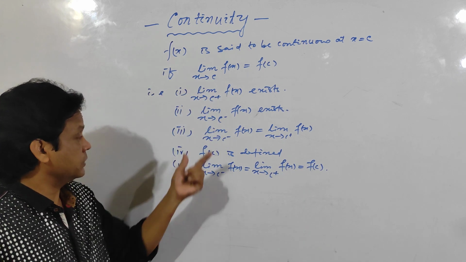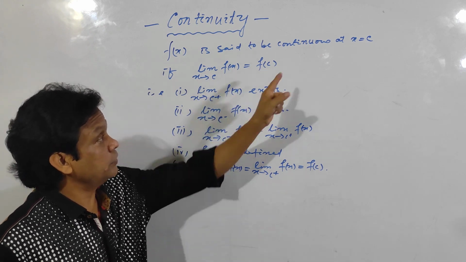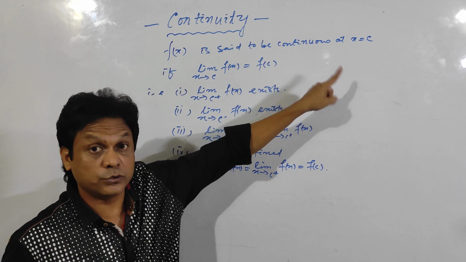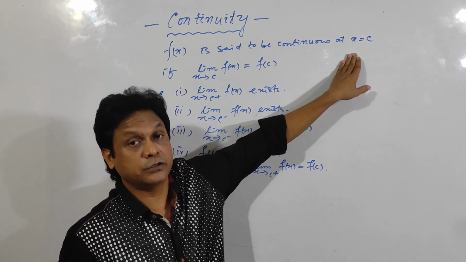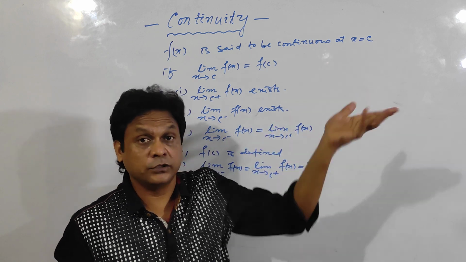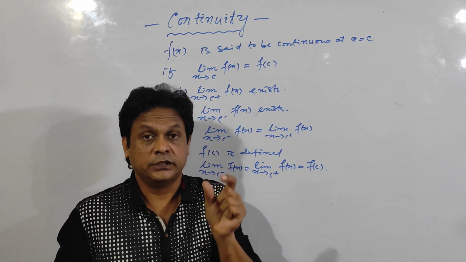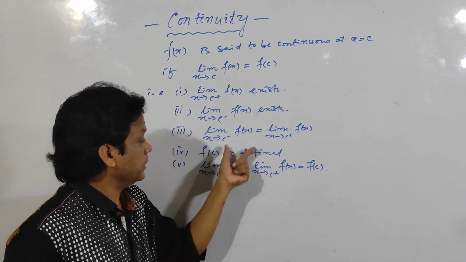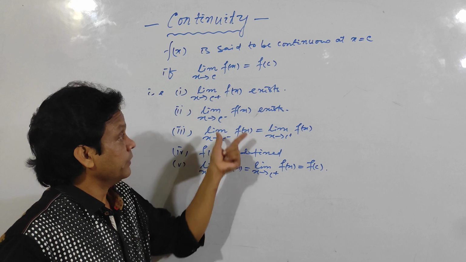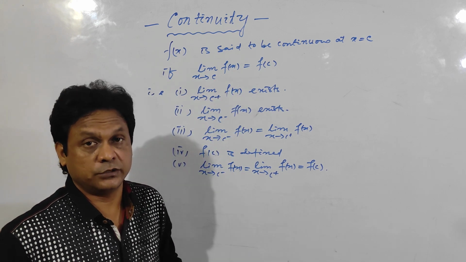If these 5 conditions are satisfied, then the function is said to be continuous at the point x is equal to c. You should write the point where it is continuous. At x is equal to c, it is continuous. It may be discontinuous at other points, so you should mention the particular point. The function f of x is said to be continuous at x is equal to c if these 5 conditions are satisfied. And if any one condition fails, then the function is said to be discontinuous.